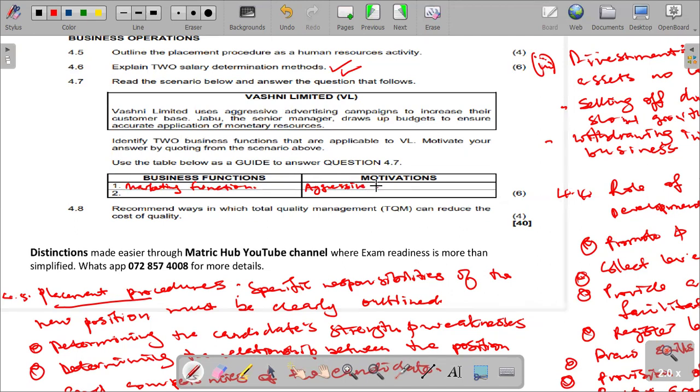Aggressive advertising supports marketing function there.